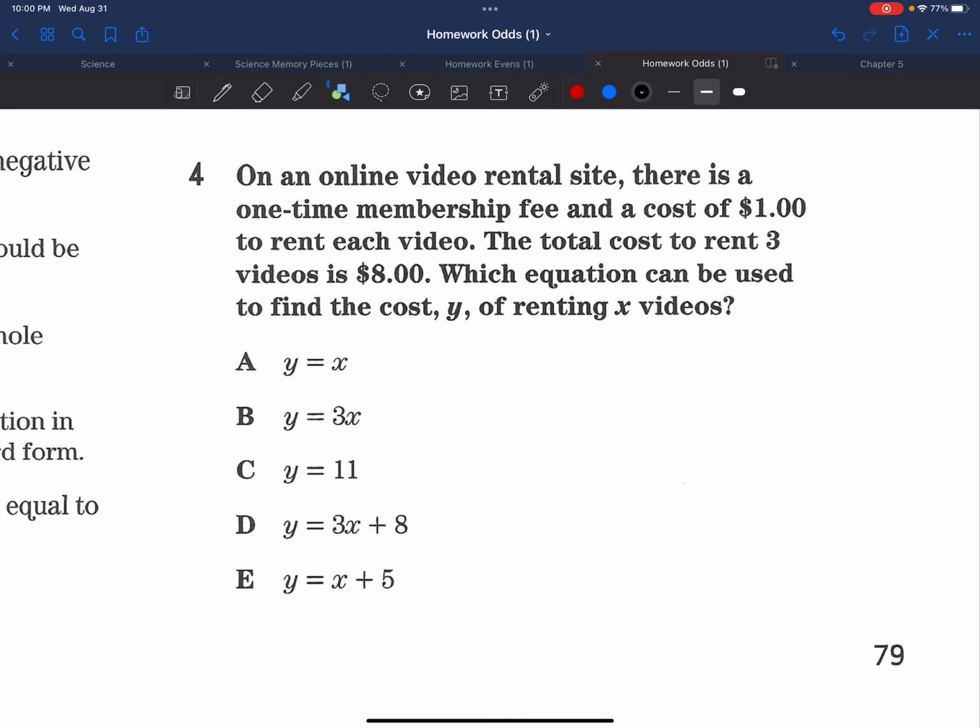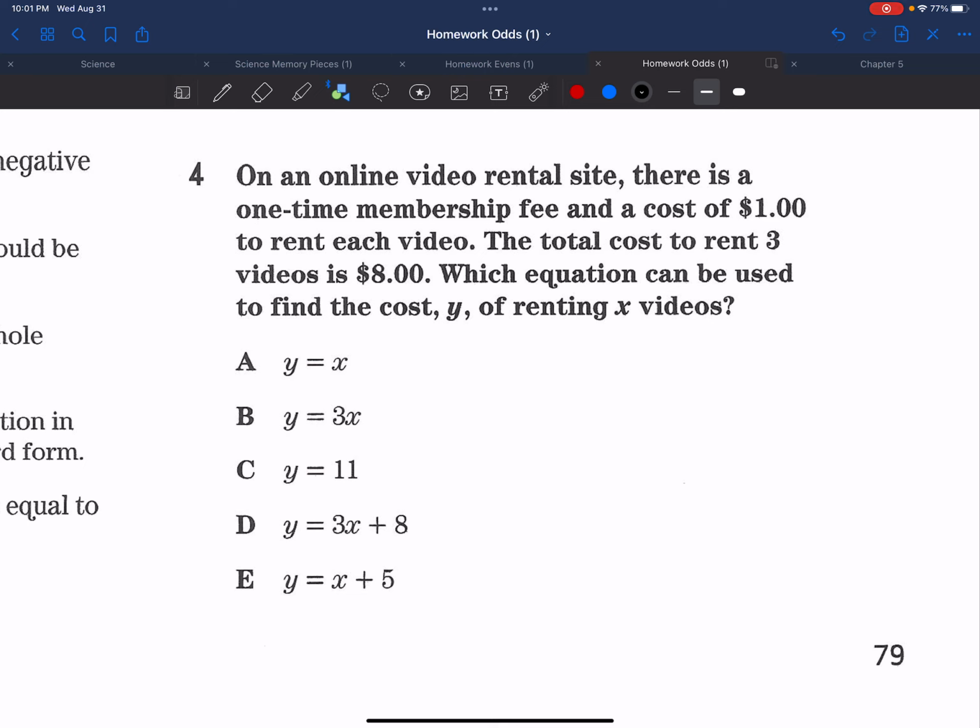On an online video rental site, there is a one-time membership fee and a cost of $1 to rent each video. The total cost to rent 3 videos is $8. Which equation can be used to find the cost y of renting x videos? Okay, so let's put this in terms of our own words.